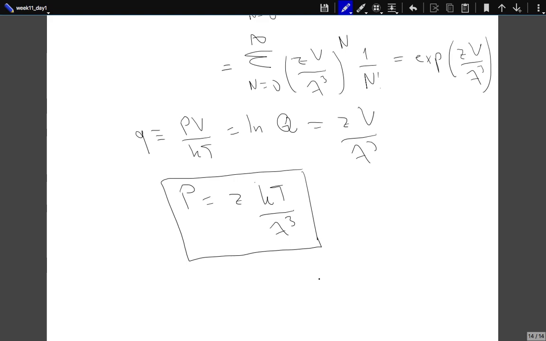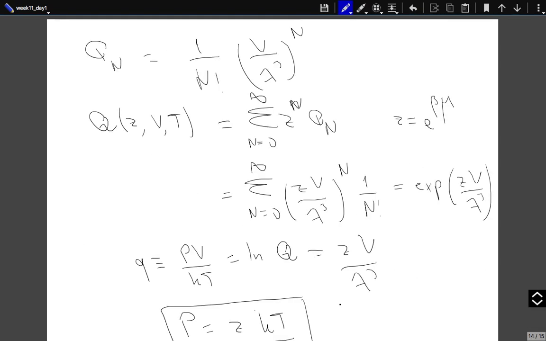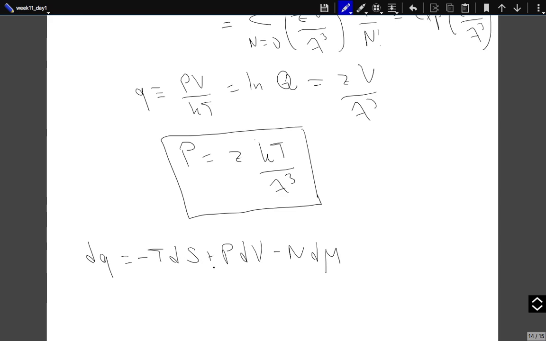Well, we can look for the number of particles. Remember, dQ was minus TdS plus PdV minus n d mu. Now let's go back. All are minus. No, this is plus.